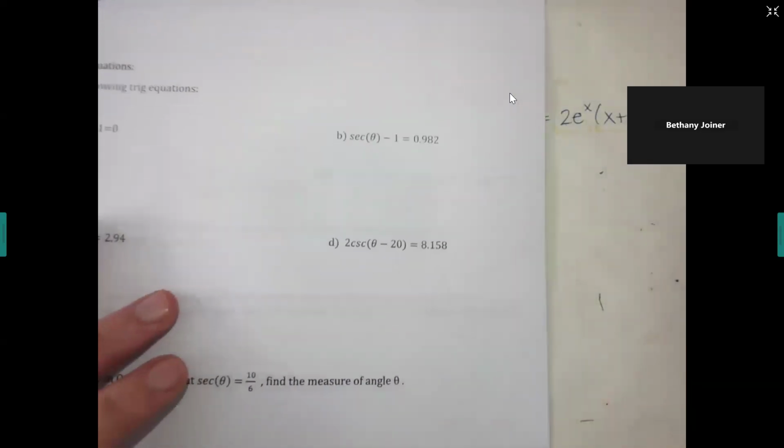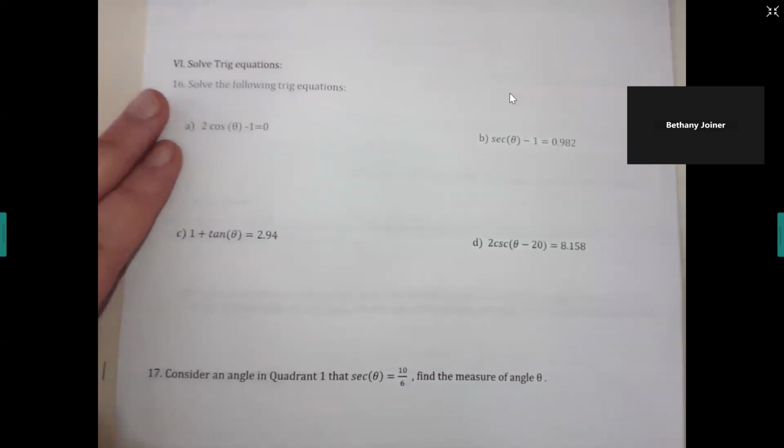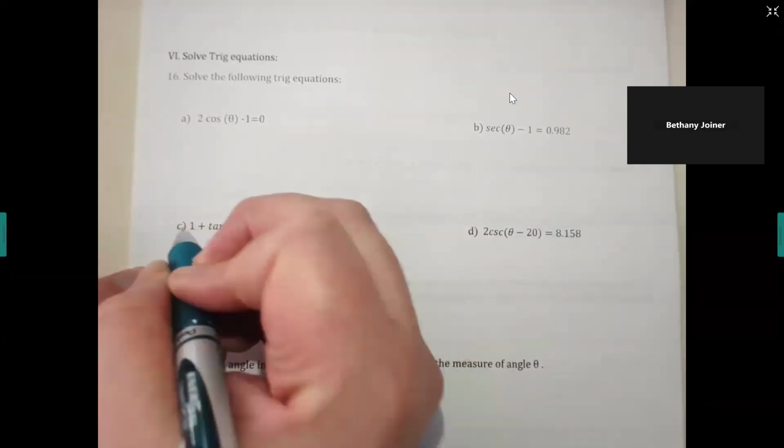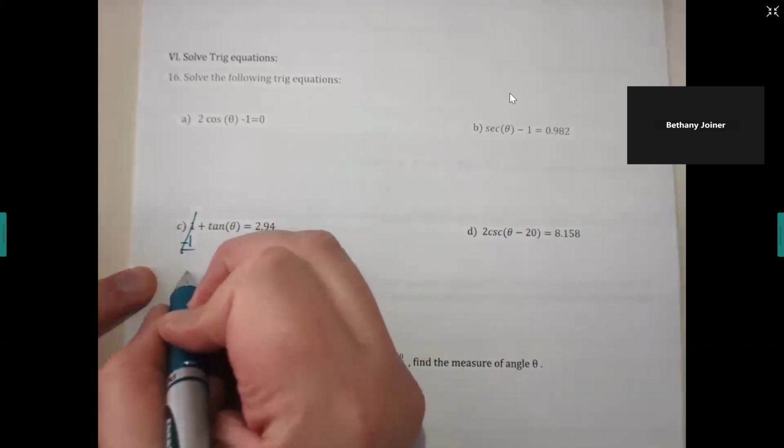All right, since we're already on the back page, do we want to run through a couple of those? See if you remember how to do it. Let's start with number 16, part C. Okay, what should I do first to get rid of that +1? Minus 1. So in your calculator, take 2.94 and take away 1 from that.